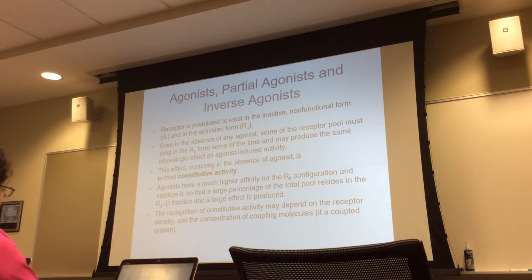So, to recap again, receptors are postulated to exist in inactive and active forms all the time. Even in the absence of any agonist, this part, the RA, the active form, will have an effect, and it's called constitutive activity. So it has its own activity.